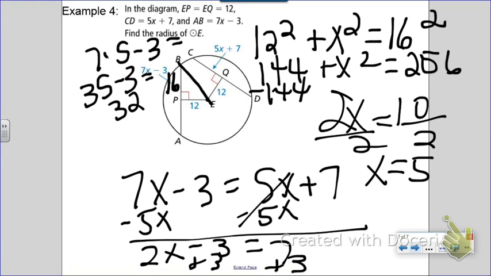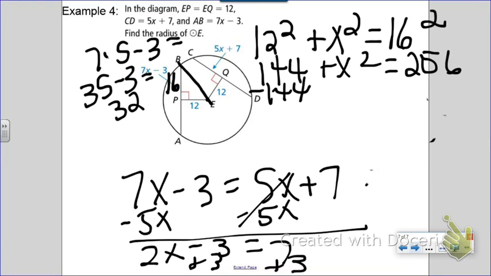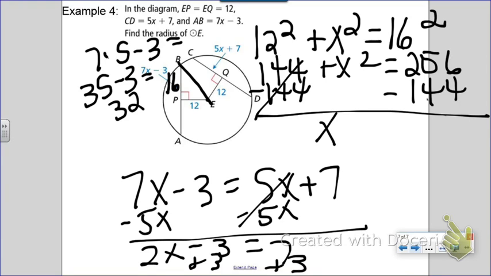Subtract 144 from both sides, which equals x squared, 112, and then the square root of that.